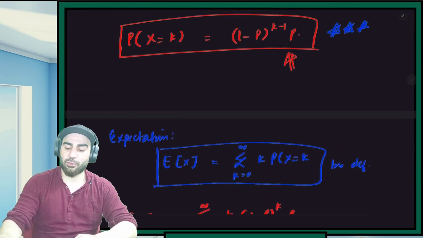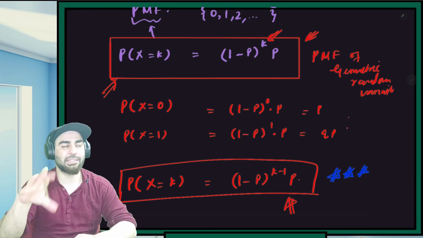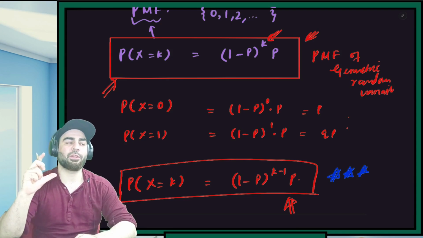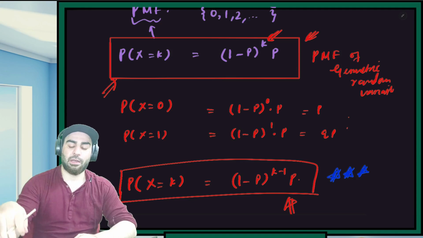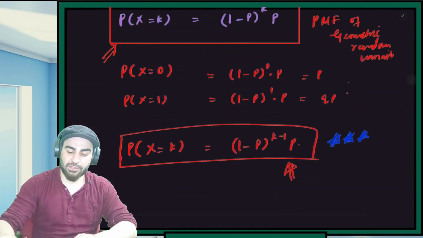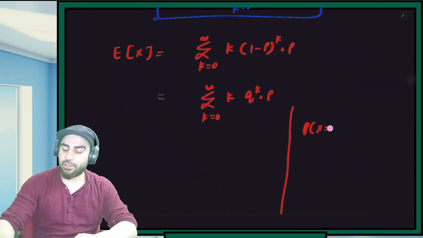One more thing you can do is check whether these are actual PMFs. A PMF has the property that each value, if we take just one point and compute its probability, should be non-negative, and once you sum them up they should sum to 1. So if I write it roughly over here, the PMF is P of x taking value k, which is equal to 1 minus p to the power k.